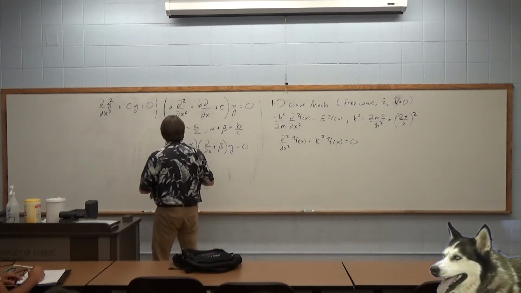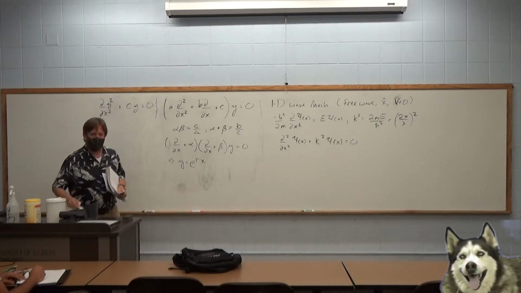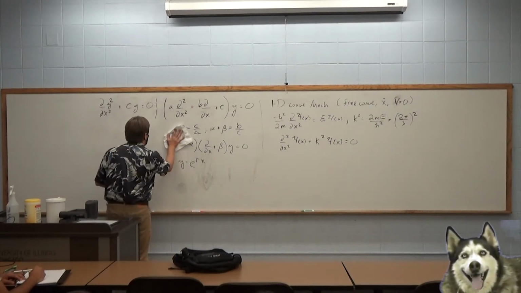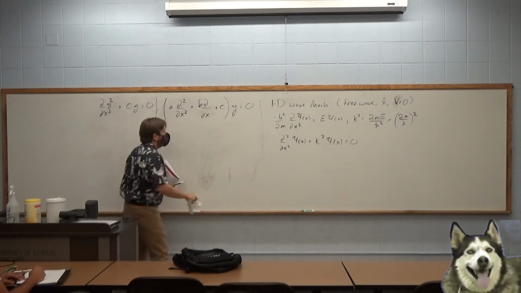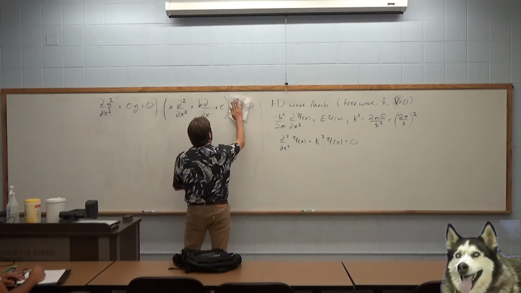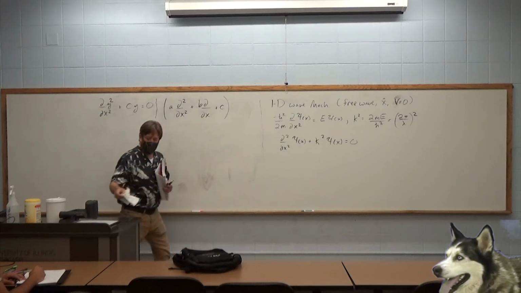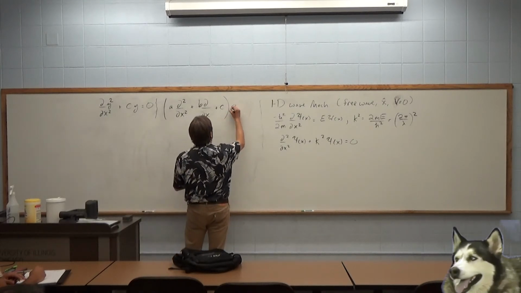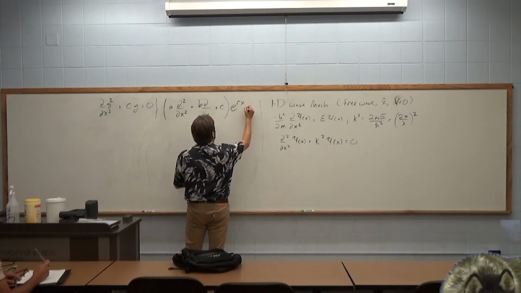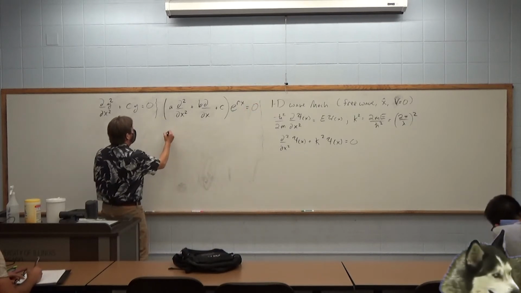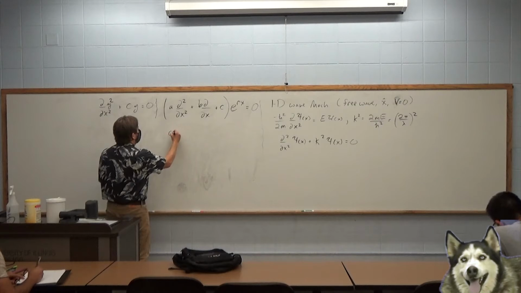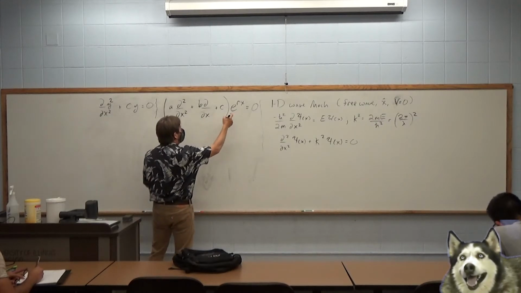Now, I hate to do this to you, but this is why I don't like this board. Let me wipe this out because I need to plug this into here. Okay, what do we get? What's the double derivative of this?